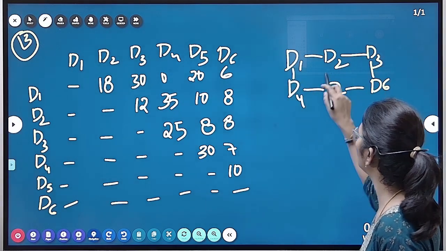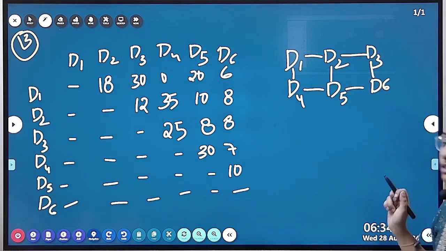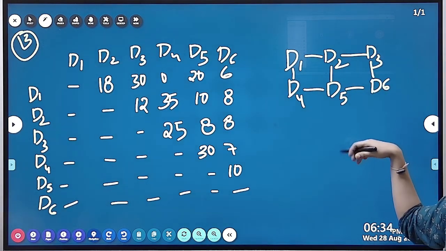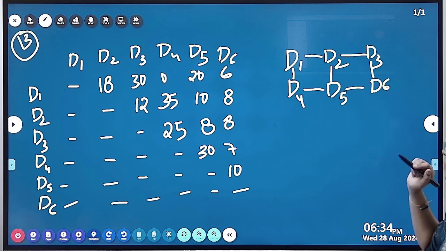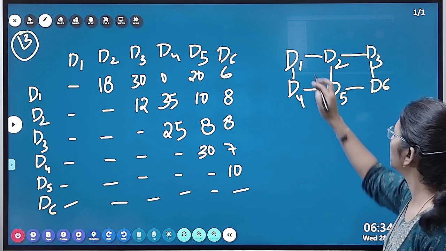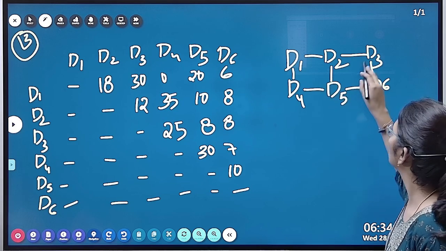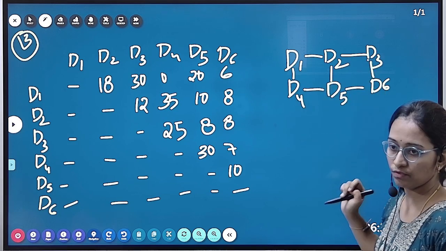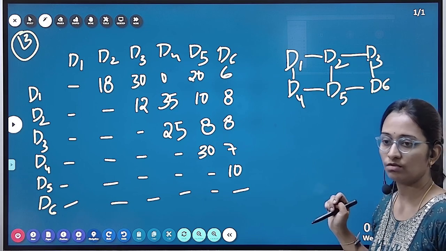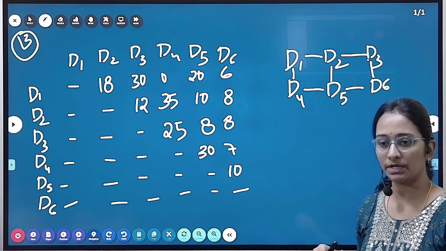These are connecting easily. These are adjacent pairs. What do non-adjacent pairs mean? D1 to D6 or D5, D3 to D5 or D4. These are non-adjacent pairs, meaning they are not connecting properly.